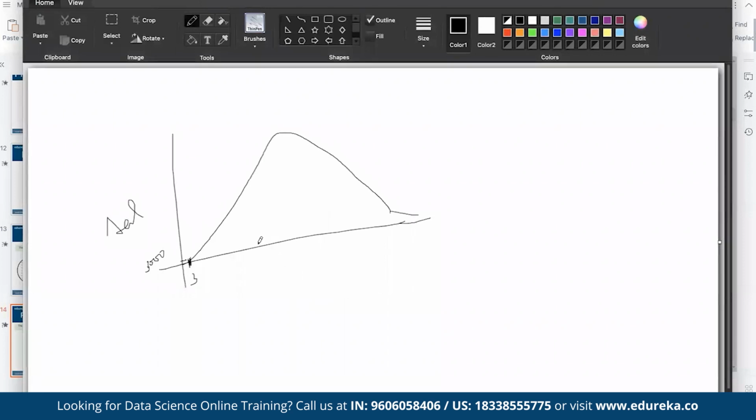So this is number of people, and this is salary. You'll see very few people in the company have a salary of, let's say, 3,000 rupees per month. And very few people, maybe 4 or 5, have a salary of more than 5 crore per month. Directors of the company. The majority of the people lie in this area.